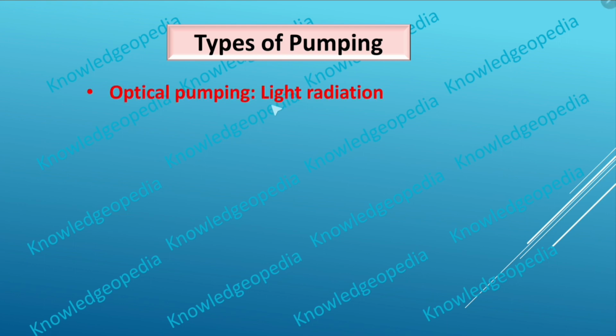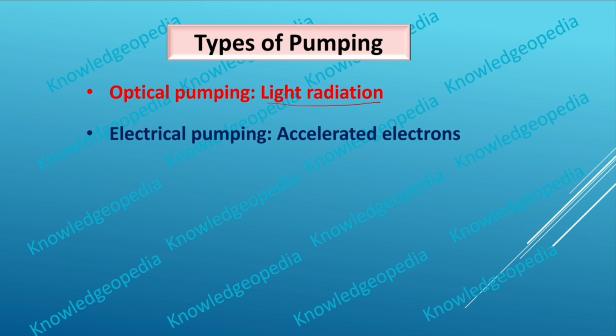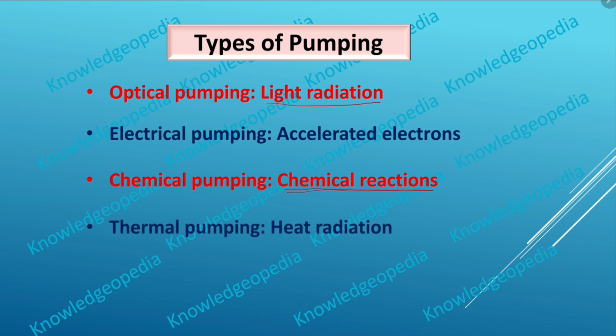Optical pumping, where light radiation is used for pumping the atoms or electrons depending on the system. Electrical pumping, in which accelerated electrons are used to give the energy. In chemical pumping, chemical reactions are used to give the energy.